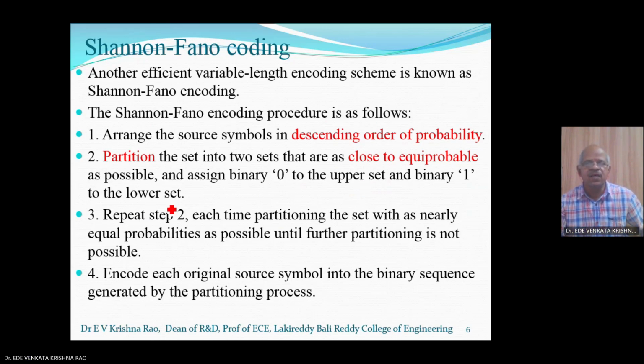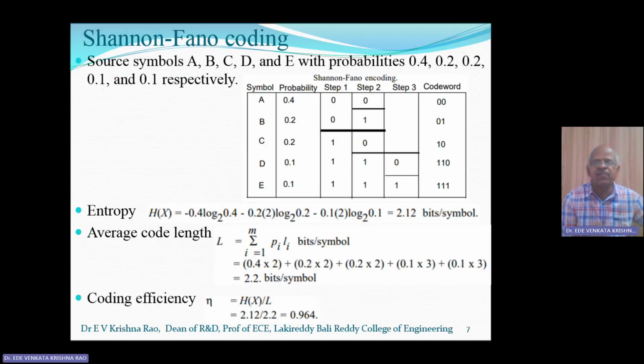Then the upper set is represented with binary 0 and the lower set with binary 1. Likewise, we need to partition until only single symbols remain in each set.